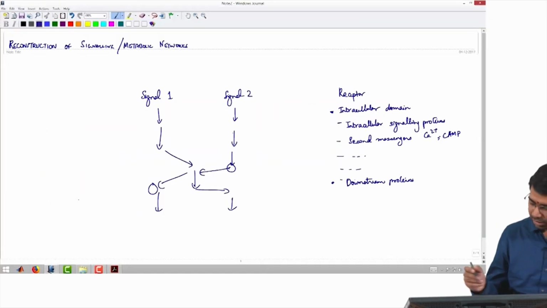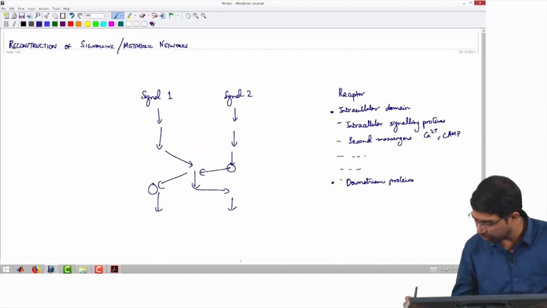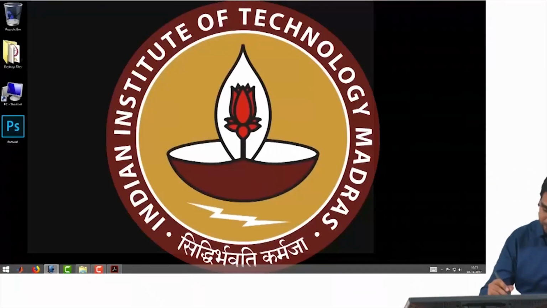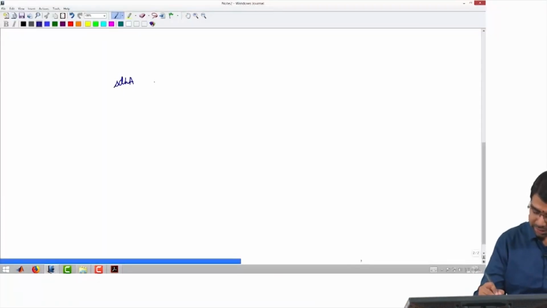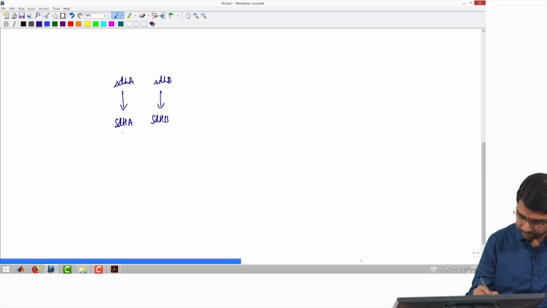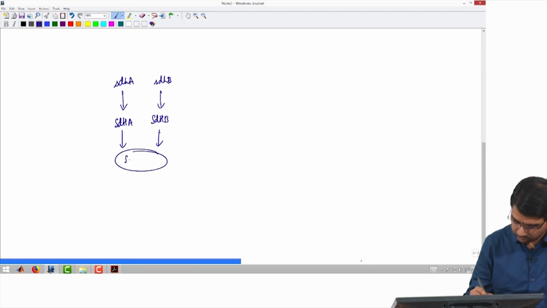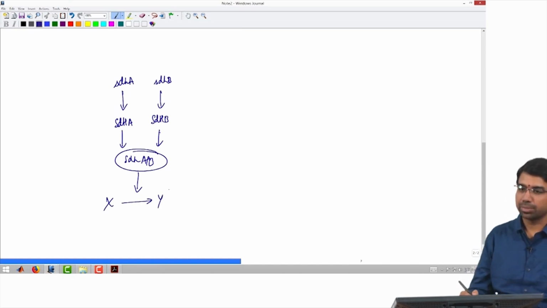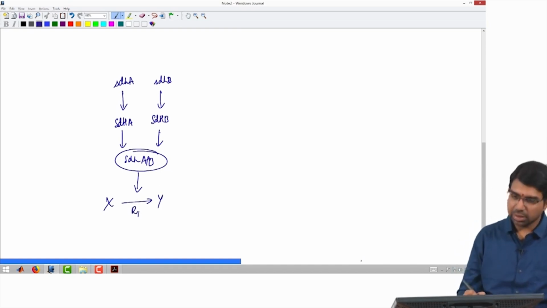We will look at this again when we study it in detail, but you typically want to know that there is a gene SDHA and a gene SDHB that encode for the proteins SDHA and SDHB; this forms a complex which catalyzes this reaction, reaction R1.